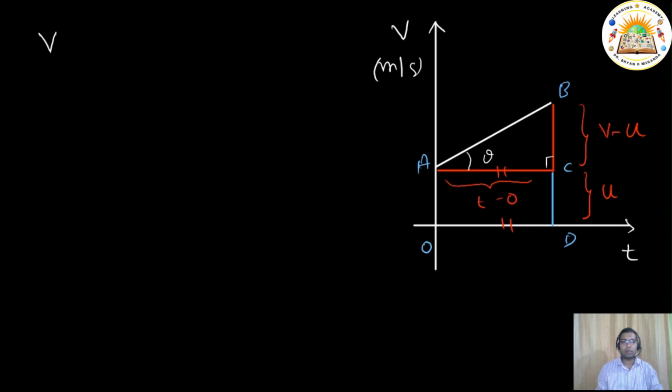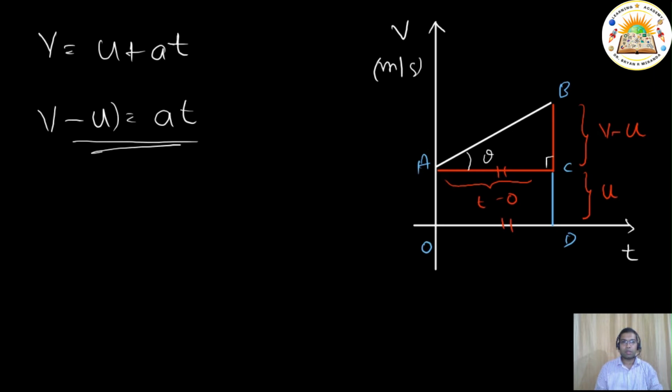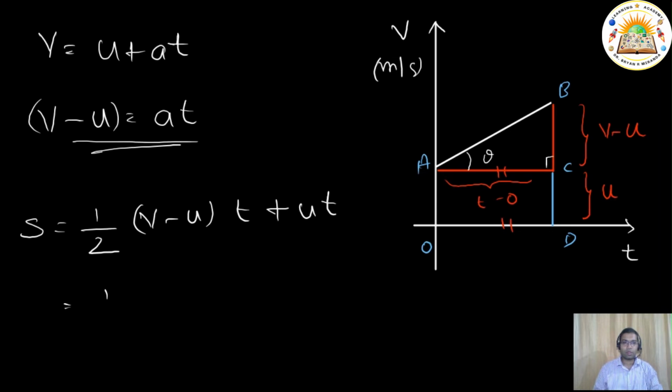Now it is known that V is equal to U plus AT. We just derived this. So I can simply write V minus U is equal to AT. So we have the value of V minus U. And S was written as half of (V minus U) times T plus UT, or half AT into T plus UT.